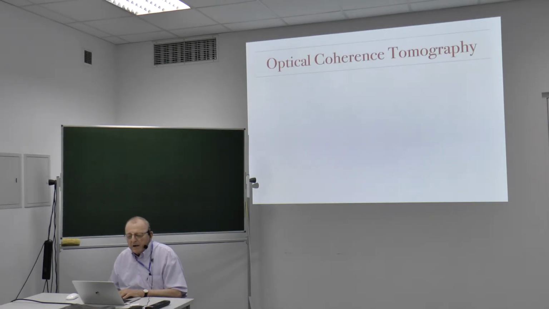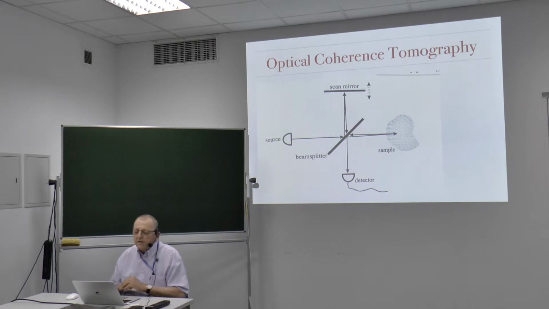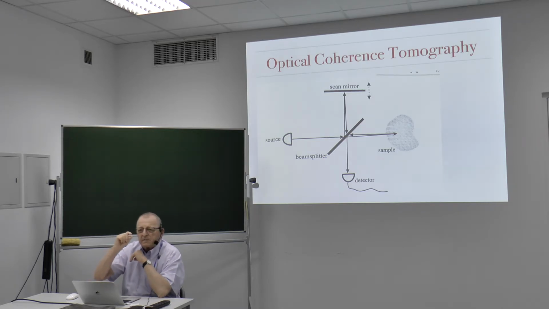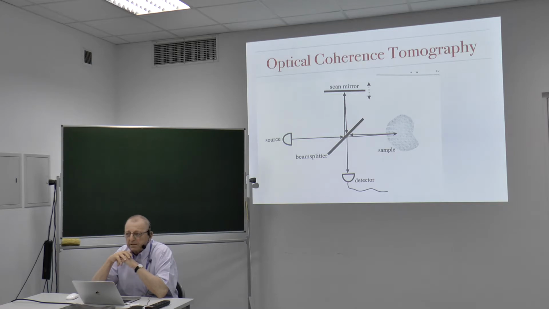Okay. All right, so the final thing is how optical coherence tomography, the eye tomograph, works. You have a source of radiation which is not coherent. There is a spread of the frequency. It goes via the beam splitter.